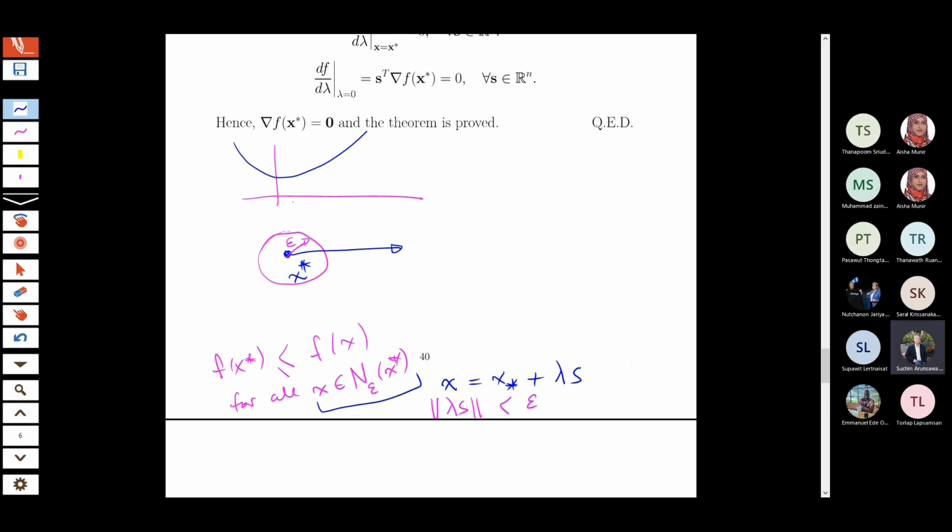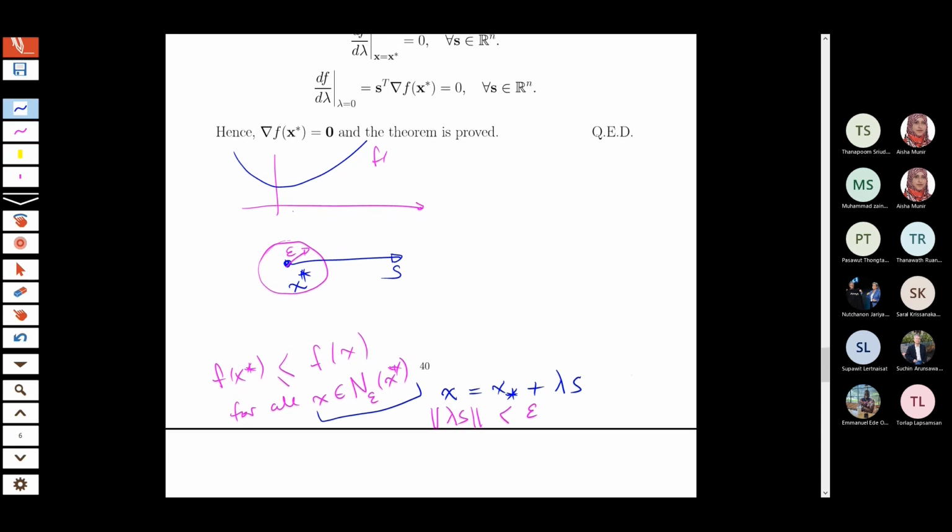If this is the direction s, then if x star is a local minimizer, we plot the graph of f(x naught plus lambda s) versus lambda.